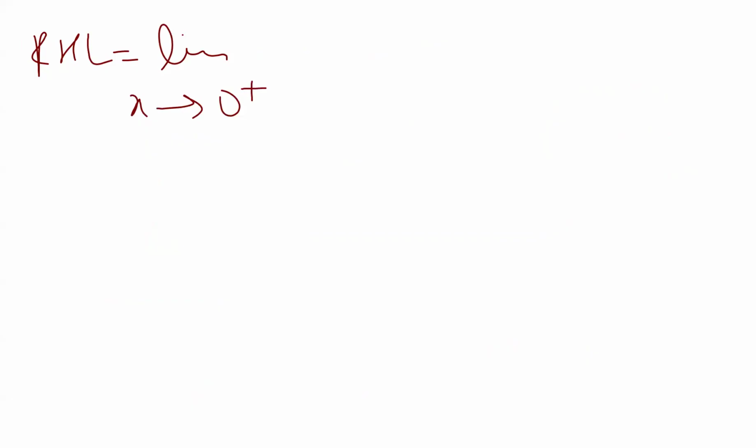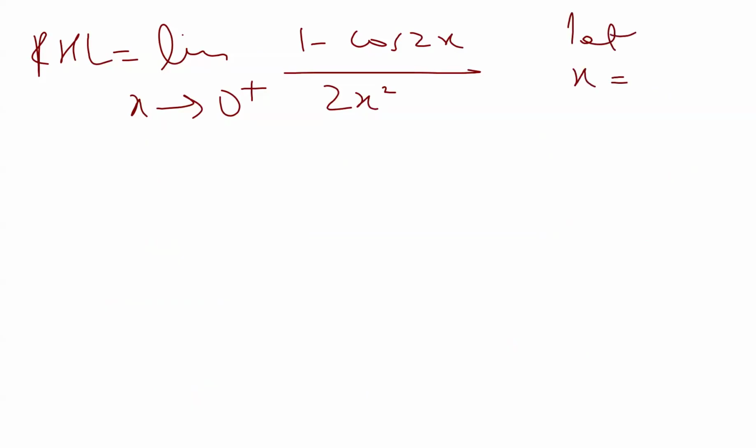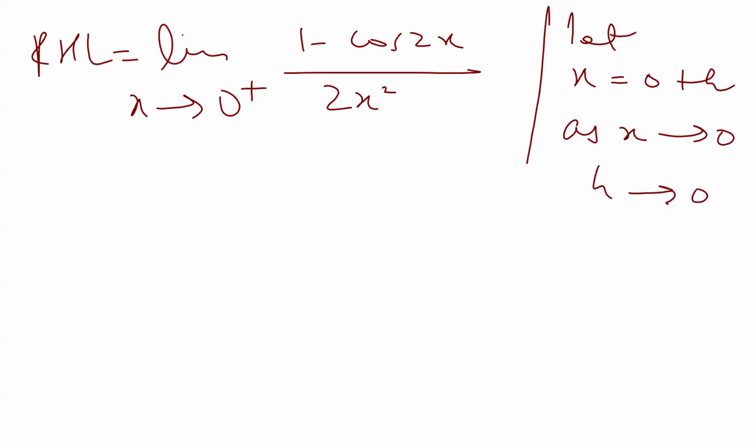So limit x approaching 0 plus, I'm avoiding that minus sign, of (1 minus cos 2x) upon 2x square. Let x is equal to 0 plus h. As x approaches 0, h will also approach 0.